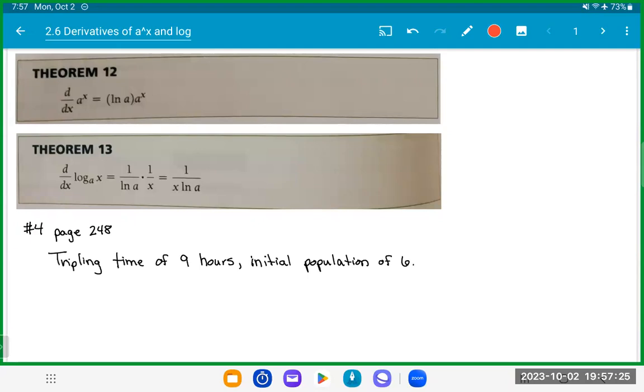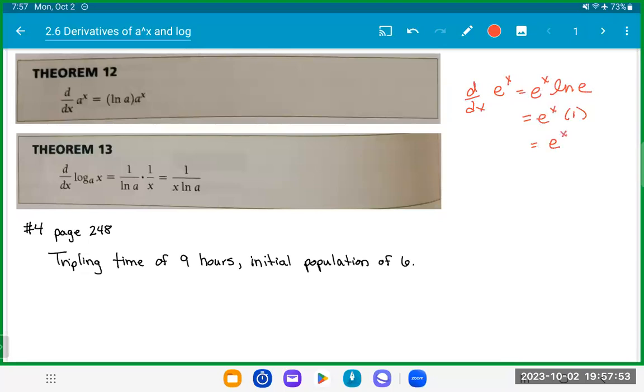Remember, we have a special case. If you remember, the derivative of e to the x is just e to the x ln of e. But remember, ln of e is 1, so it's e to the x times 1, which is really just e to the x.